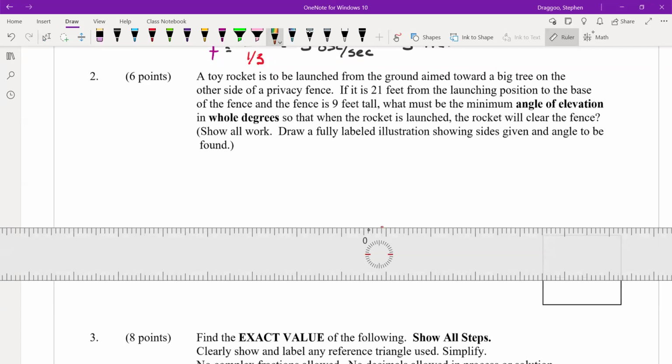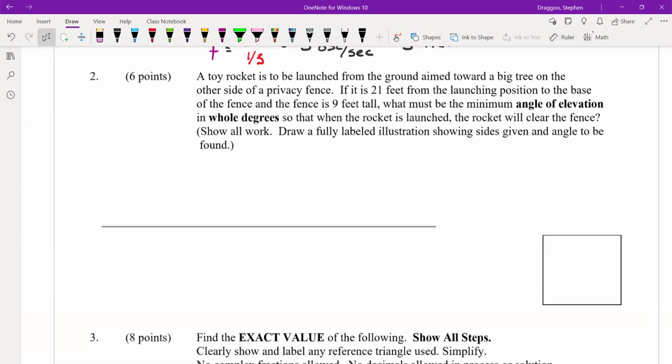So we'll start by drawing in a ground. That should be step 1. Cool, so there's a ground hanging out there. We've got a tree over on the other side of this fence. That looks like a decent trunk. Cool, we've got a tree.